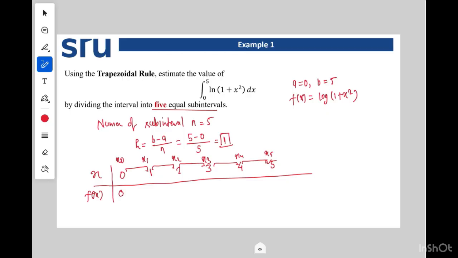If you put x equal to 1, you will get log of 1 plus 1, which means log 2. If you calculate log 2 with a calculator, you will get 0.6931.